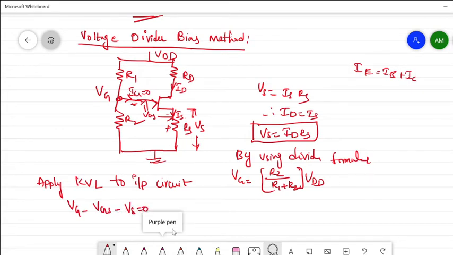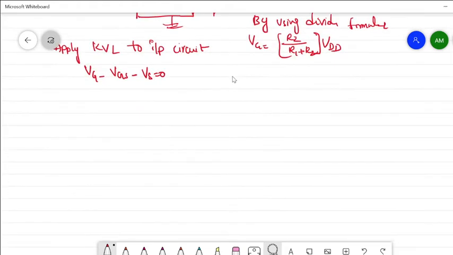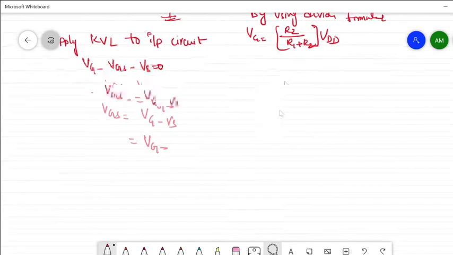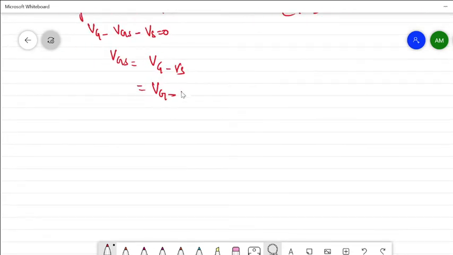From this equation, VGS is equal to VG minus VS. VG minus VS is nothing but ID into RS, so VGS is VG minus ID into RS. This is the gate to source input voltage.